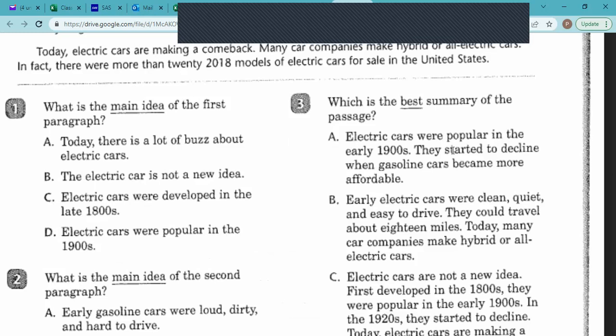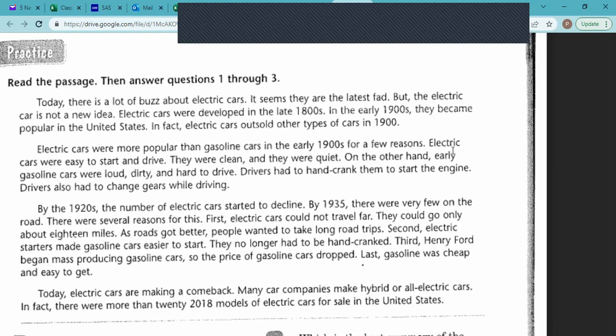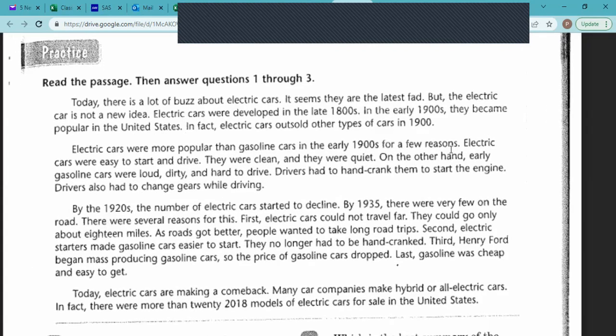C, electric cars were developed in the late 1800s. D, electric cars were popular in the 1900s. So we're looking for the main idea of the first paragraph. So go ahead and take a moment, pause your screen, and look for that main idea.